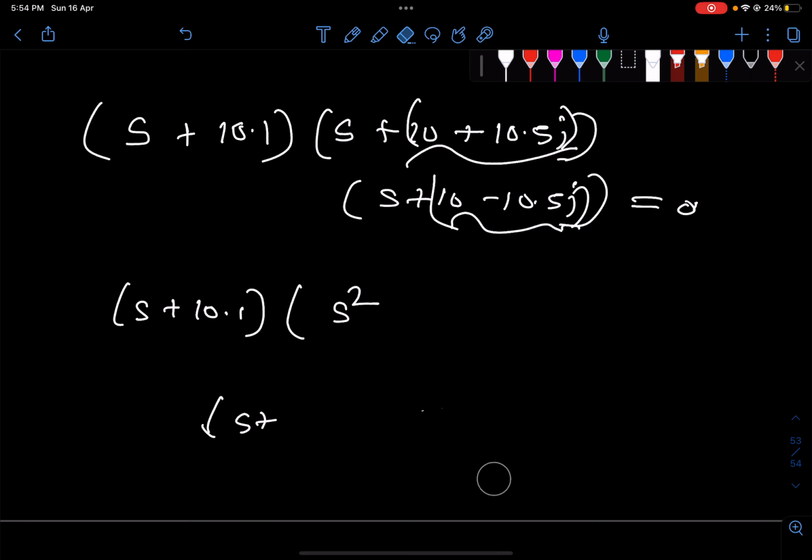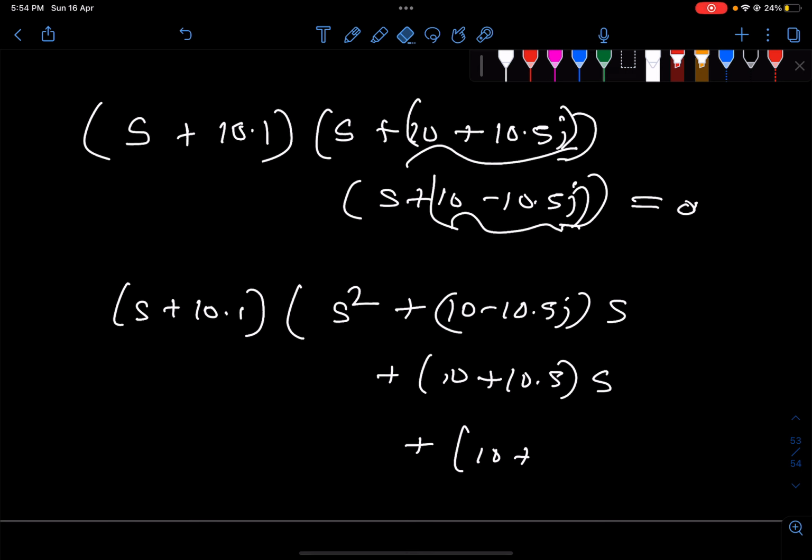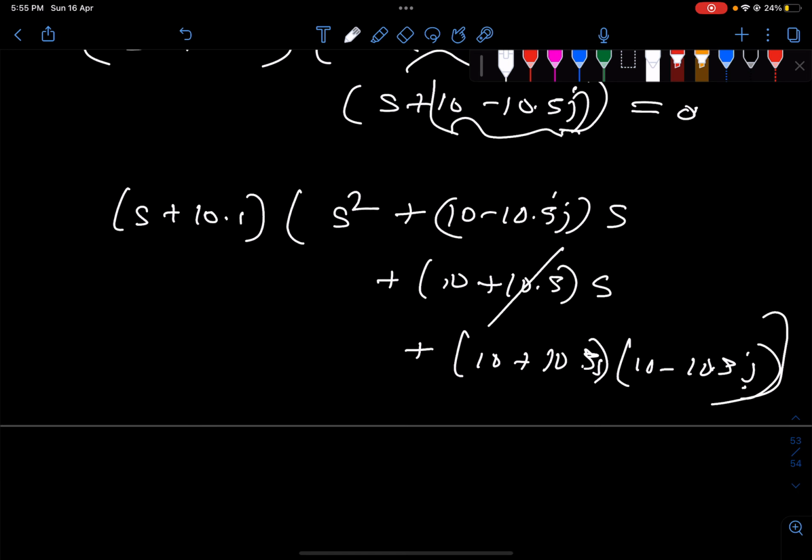Please wait. Suppose I open this bracket, then it is 10 minus 10.5j, plus 10 plus 10.5j into 10 minus 10.5j. So this is to be cancelled.